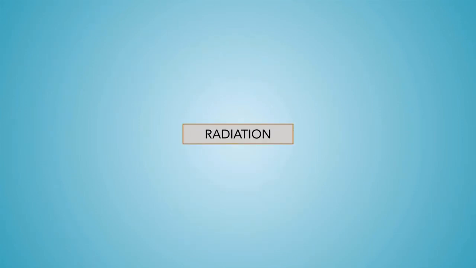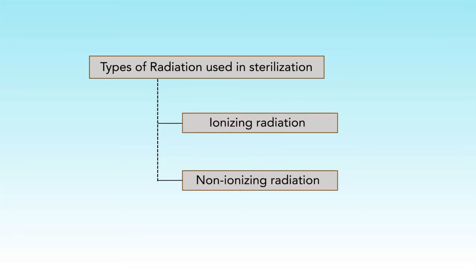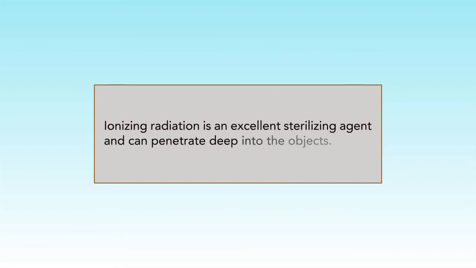Next, we'll see radiation. Radiation in various forms, from high energy radiation to sunlight, can be used to kill microbes or inhibit their growth. Generally, there are two types of radiation used in sterilization, that is ionizing and non-ionizing radiation. Ionizing radiation is an excellent sterilizing agent, and it can penetrate deep into objects.